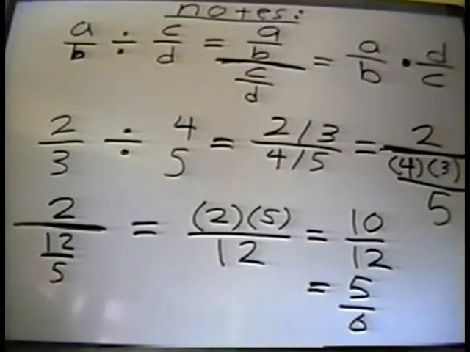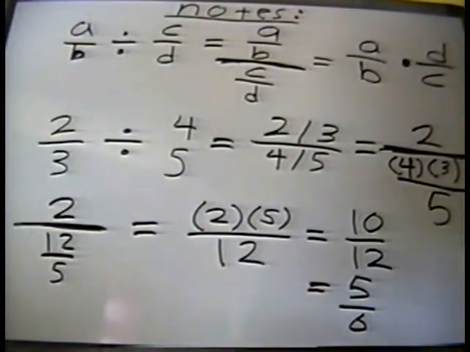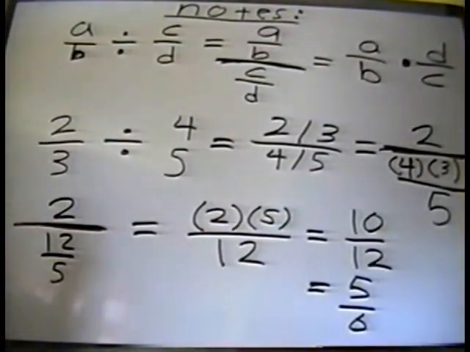We should take these down as notes. So 2/3 divided by 4/5 is equal to 5/6.